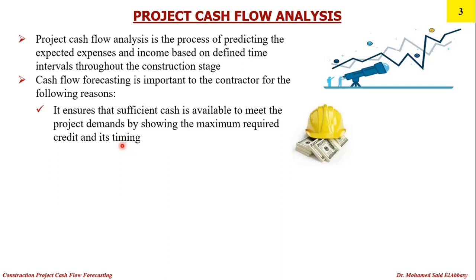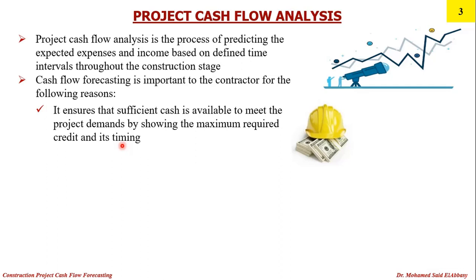Because in a simple manner, the contractor pays first and then the owner pays the contractor. We will see the details of this dilemma when we apply different examples and we understand different contract provisions that affect the projection of our cash flow. But let us go back to the main point here, that there are expenses, there is income.